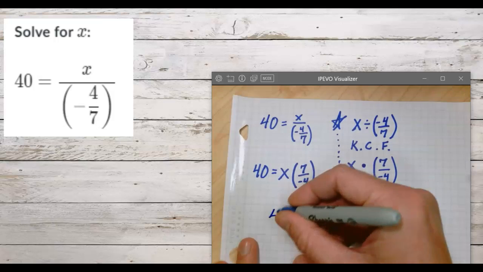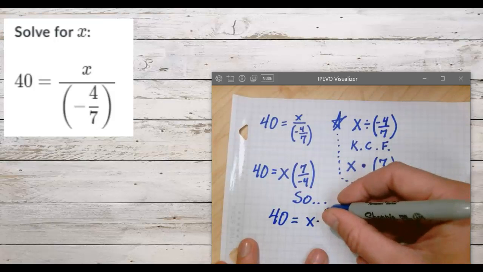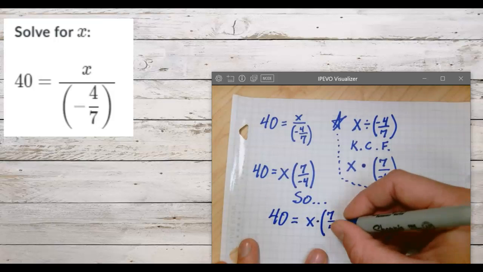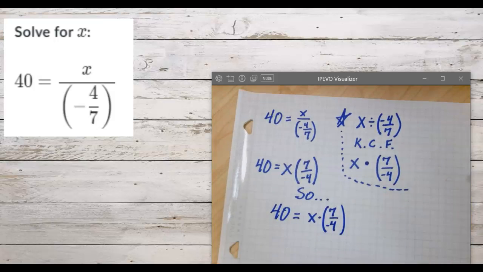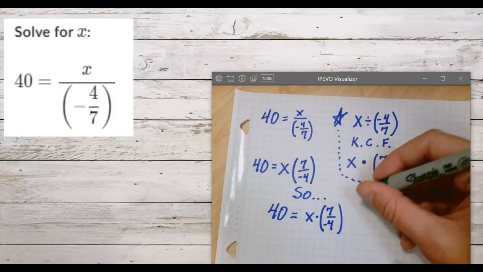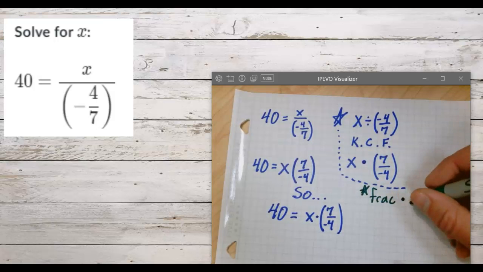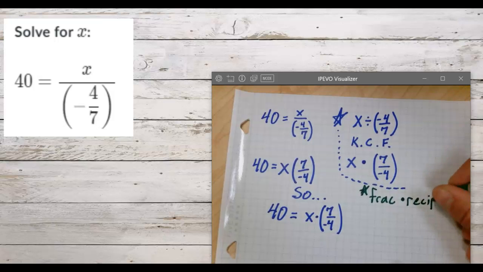So if I write out 40 equals x times 7 over negative 4th, the other thing that we can see from that last problem we solved is if we take any fraction, here's another little math note, a fraction times its reciprocal will always equal 1.